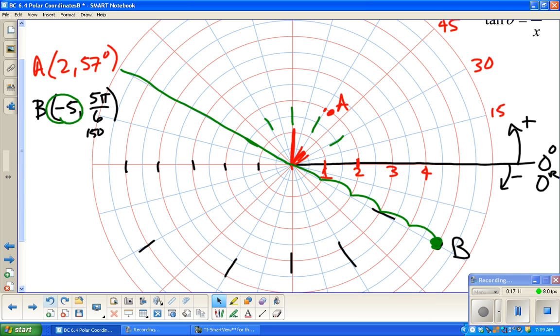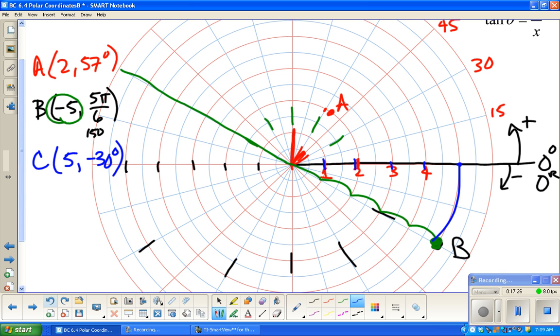Let's do one more point on this graph, and let's do 5, -30 degrees. So 1, 2, 3, 4, 5, -30. Well, here's part of the problem: there are multiple ways to name the same point. In rectangular coordinates, there's only one way.